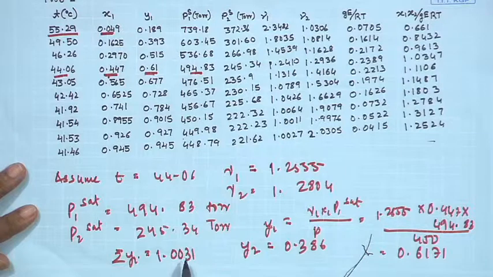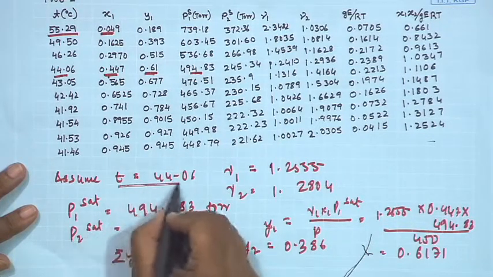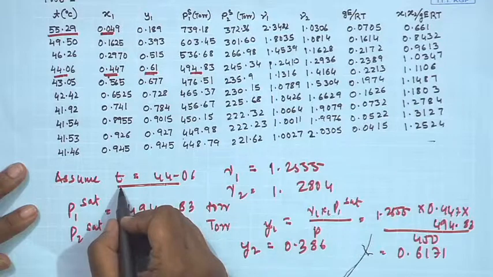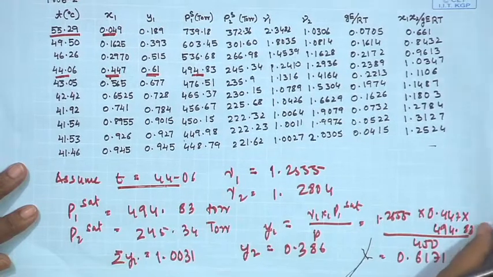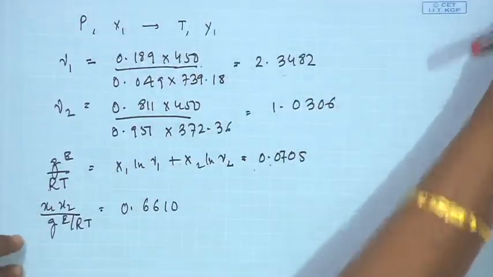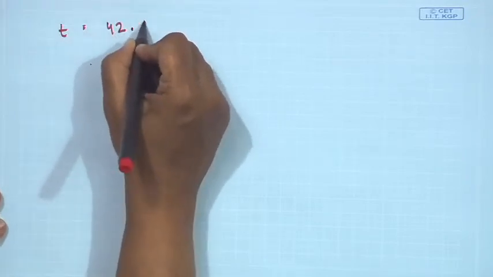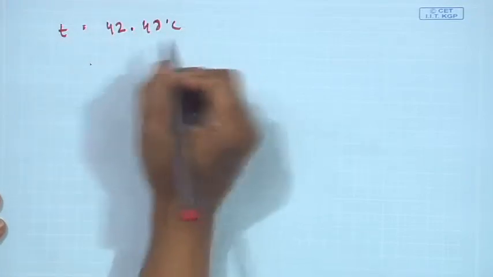If you want to go for slightly better values, then in that case you have to again change t. Now, you know that since sigma yi is greater than 1, you should reduce the t in this particular case. So, let us go for a second assumed t. Let us take this second assumed t as 42.48 degrees centigrade.